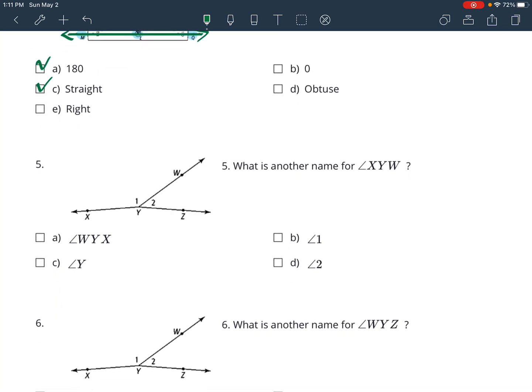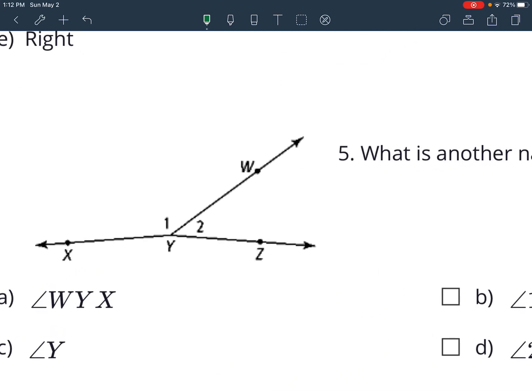Number 5. What's another name for X, Y, W? Why does it do that? I don't know. Oh, it wants to make it a straight line. X, Y to W, right?